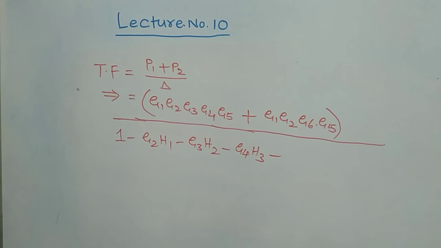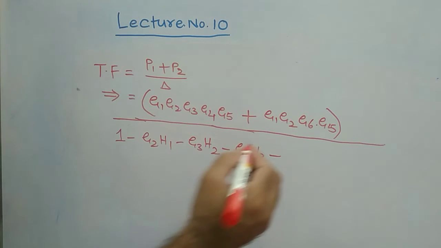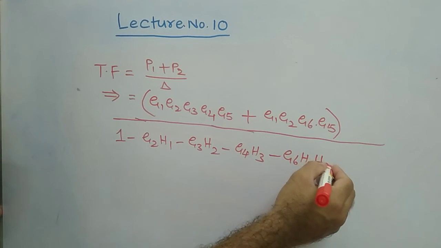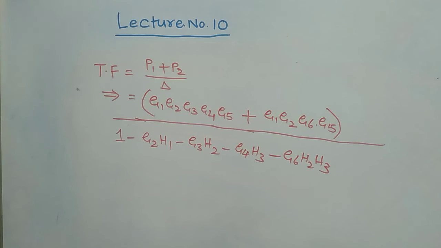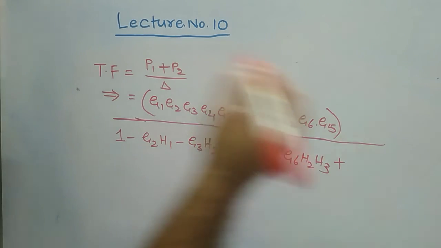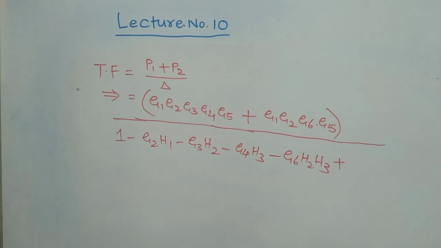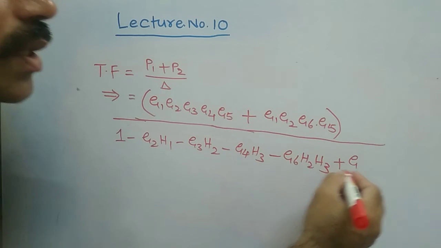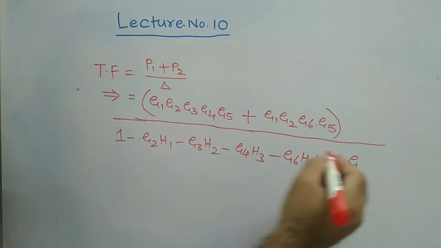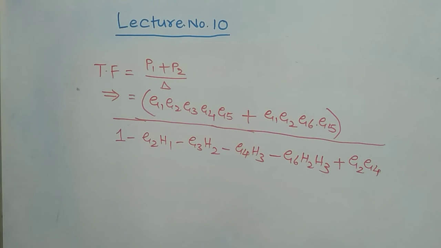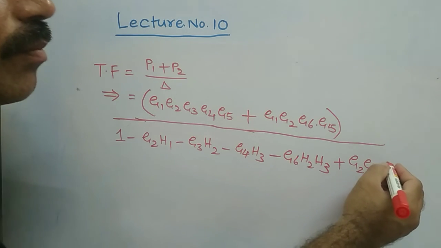And what is L4? G6H2H3, is it not? And plus what is L11? I can write it like this: G2G4H1H3.